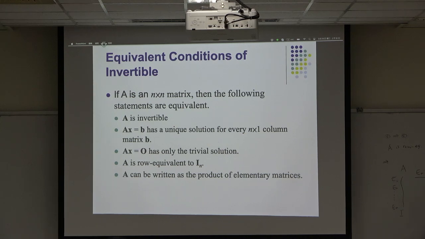This is what we know, right? If A is row equivalent to I_n, we have this. Each of these is the corresponding matrix for the elementary row operations that you need to convert A to I. So in other words, you can consider this part as A inverse, right?